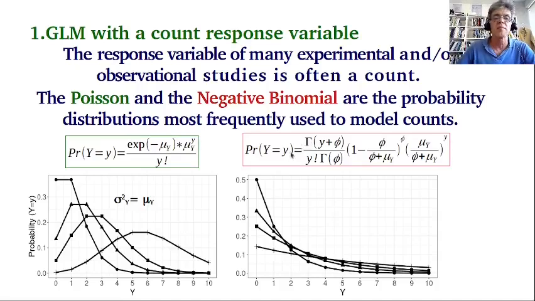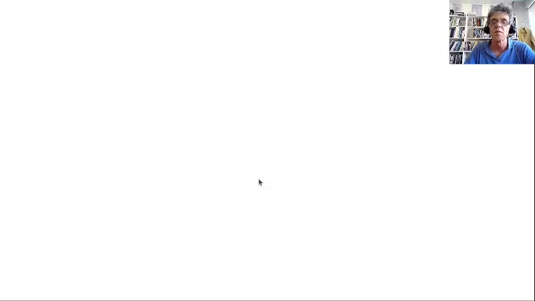The negative binomial distribution therefore has two parameters, its mean and phi, which is called a dispersion parameter, and we will talk later on about what it means. So here we see, for means of 1, 2, 3, and 6, the different shapes of the negative binomial distributions.